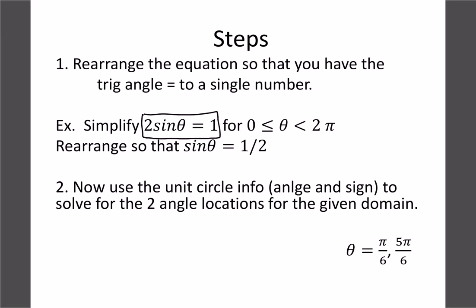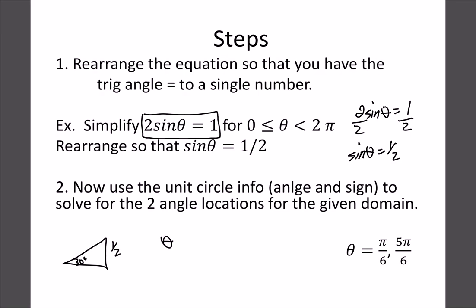So here's a pretty easy example to start with. We have 2 sine theta equals 1. So our first step is to get rid of that 2. If we divide by 2 on both sides, we get sine theta equals 1/2. Once we have sine theta equals 1/2, we're good to go. We know that for a 30-degree angle triangle, the sine is 1/2 and the cosine is √3/2.